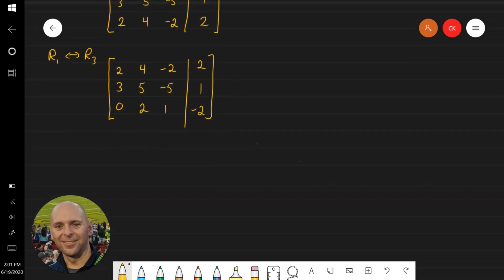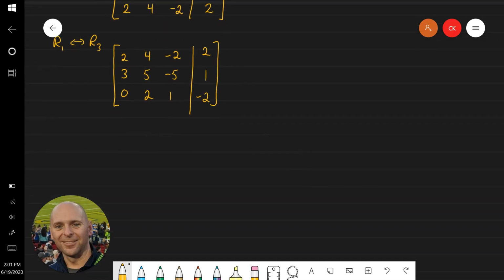Let's do an example of the second rule, which is to multiply by a non-zero constant. So we'll multiply the top row by 1/2, which is really the same as dividing all elements by 2. But in the context of what we're doing, we typically refer to this then as multiplication by a scalar.